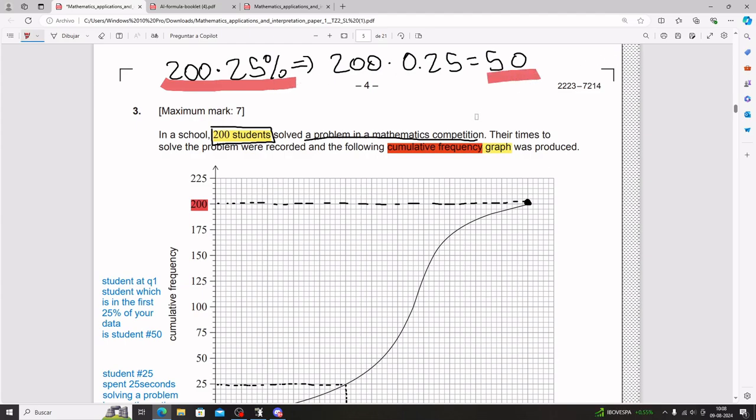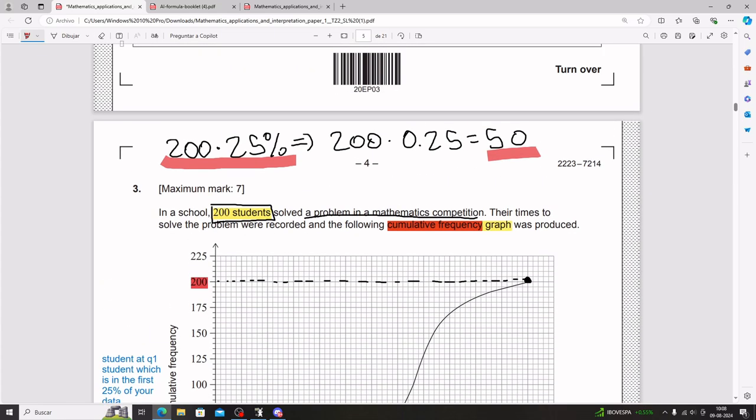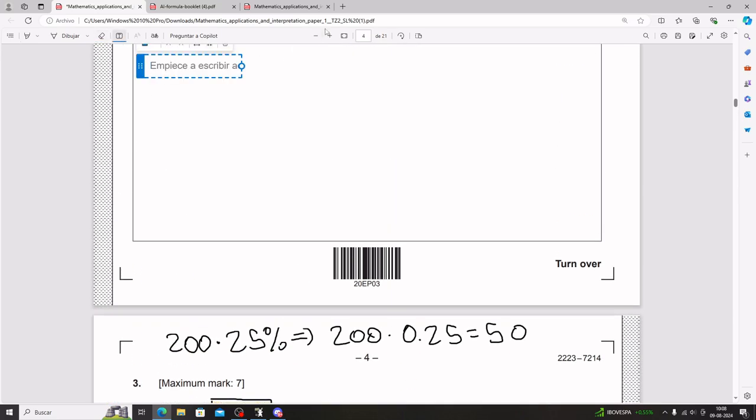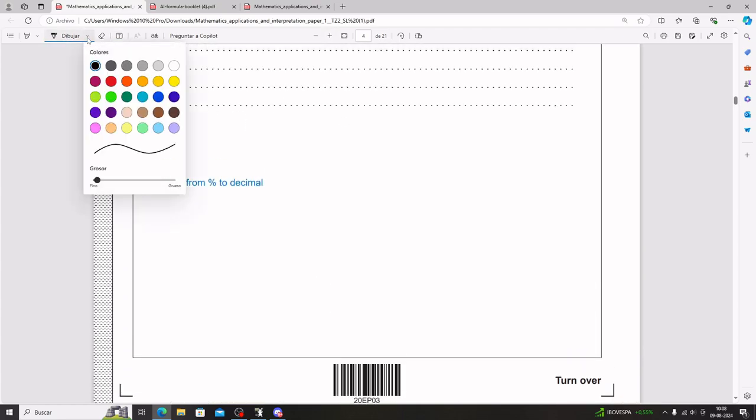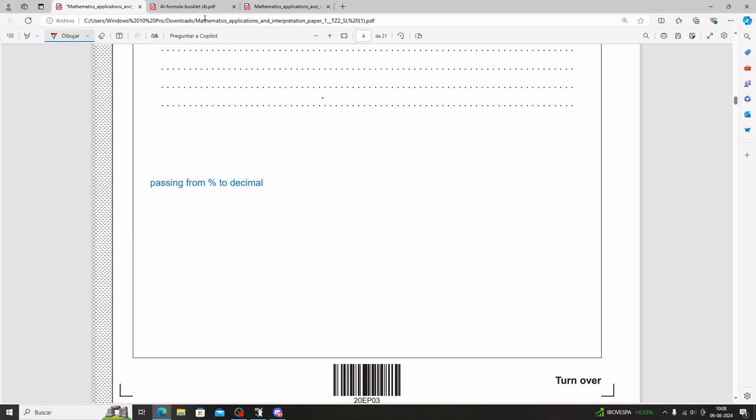Now, I might have gone a little bit quick there. Let me explain how the 0.25 appeared in the first place. When you are passing from percent to decimal, I feel like it's more intuitive with a couple of examples. I highly suggest you remember these three values: 100%, 50%, and 5%.